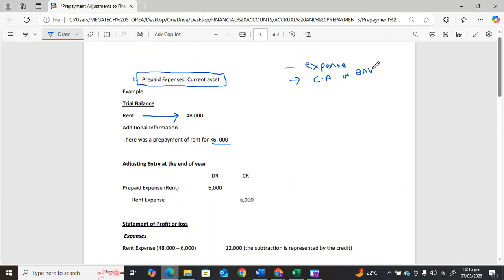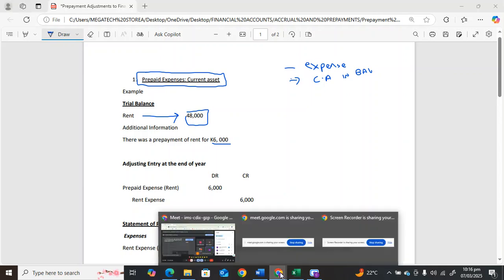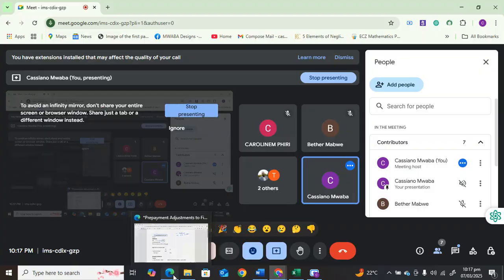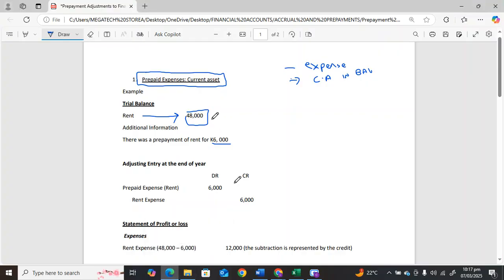So from this 48,000, there is a 6,000 which is a prepayment. Remember, for our financial statements, we're only interested in the expenses incurred for that year. This 6,000 prepayment is probably for the other year, so we need to deduct it out from this 48,000.